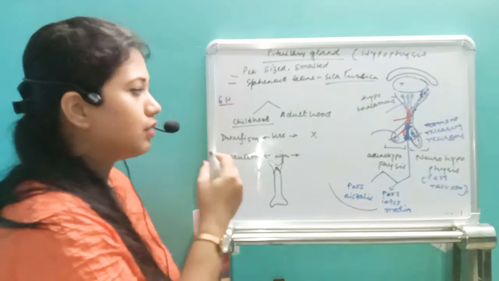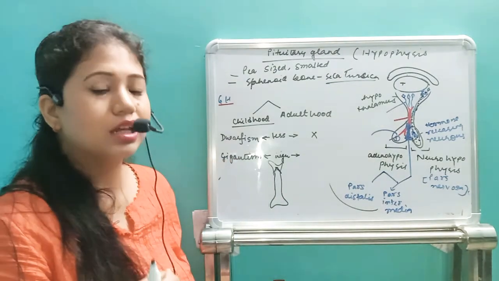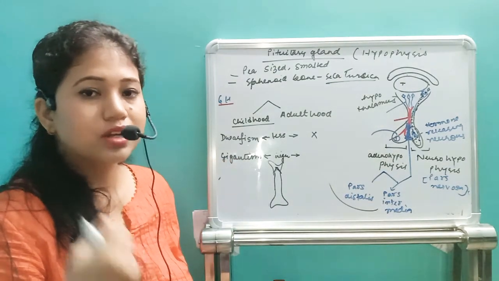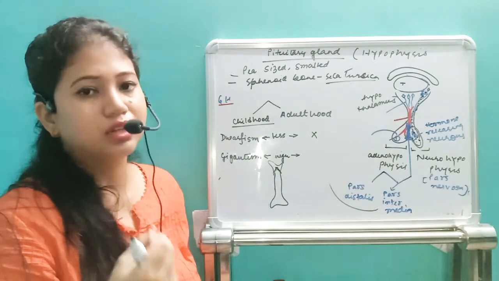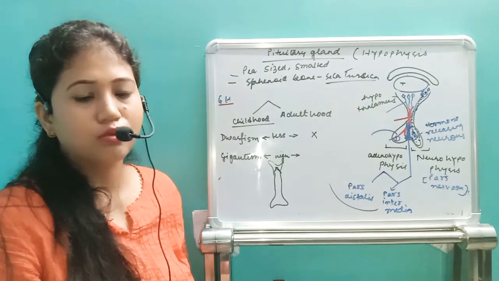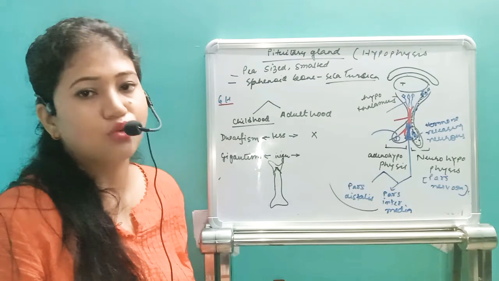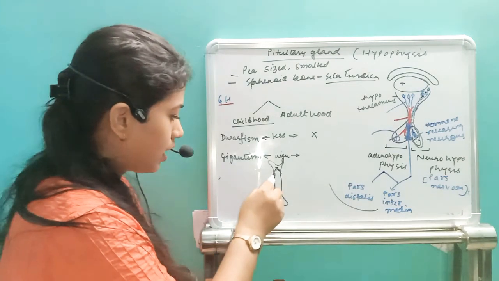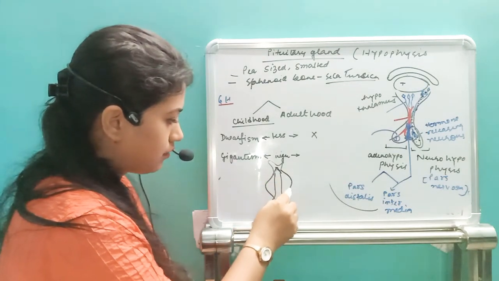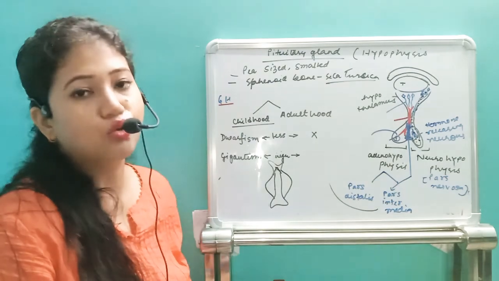But if growth hormone is released excessively in adulthood and the bones are stimulated over and over to grow, longitudinal bone growth will still not be possible. What will happen is that the individual will have lateral growth of the bones.